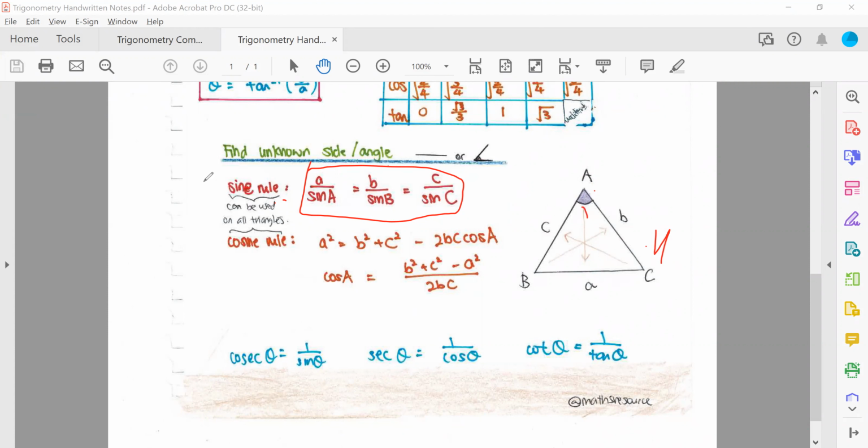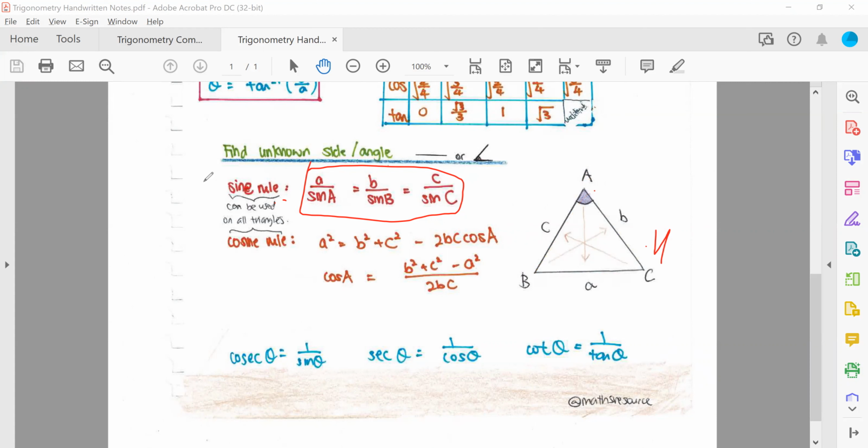Then the opposite side will be small a, which is the length. For b, it will also be the length, small b, and diagonally opposite, it will be the angle, big B. For c, length, small c, diagonally opposite, it will be the angle, big C. So the capital letters represent angles, and the small letters represent lengths.